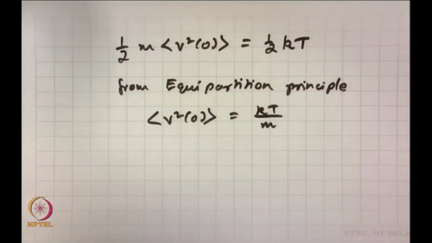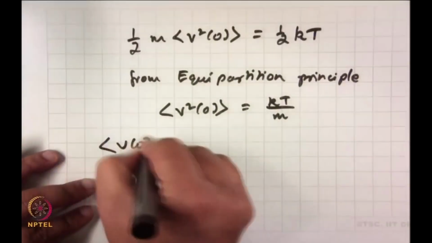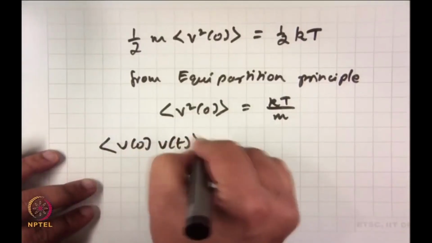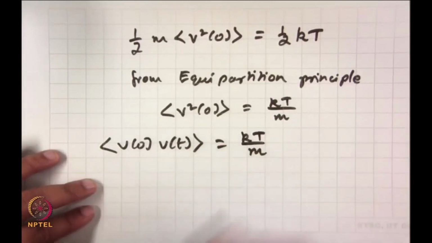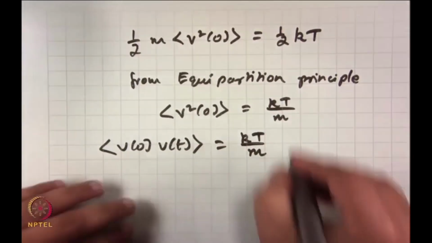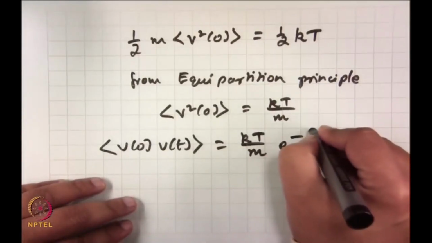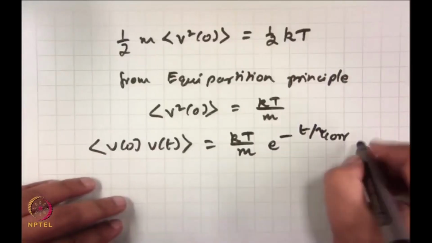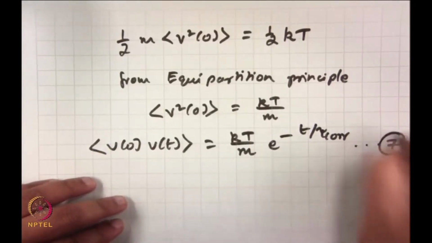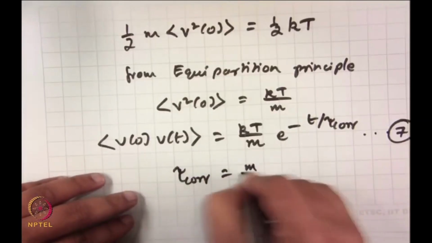Now, after having done this, your actual equation becomes the correlation is equal to k T over m e to the power minus t by tau correlation. This is equation 7, where tau correlation is equal to m by xi.